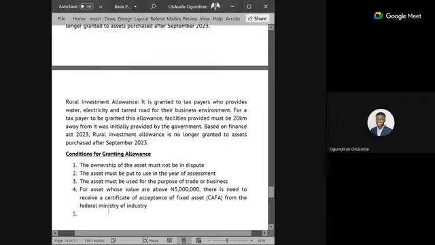Temporary disuse must be disregarded. That's not it, but that's part of it. The taxpayer must claim their allowance. Must claim the allowance in the year of assessment.